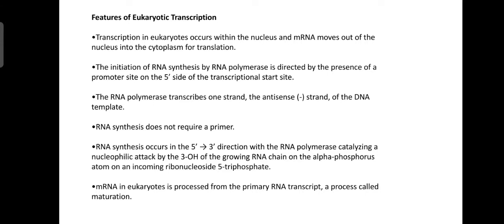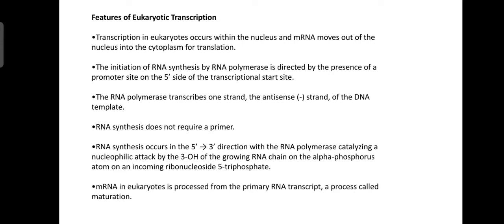An mRNA moves out of the nucleus into the cytoplasm. For what? For the translation process. For translation to take place, or for gene expression to take place, first transcription should occur.